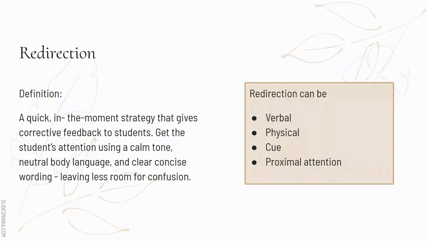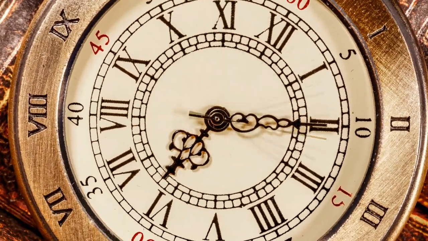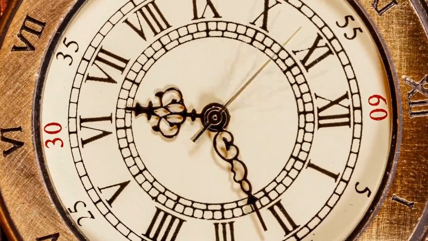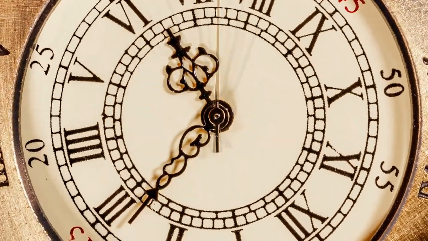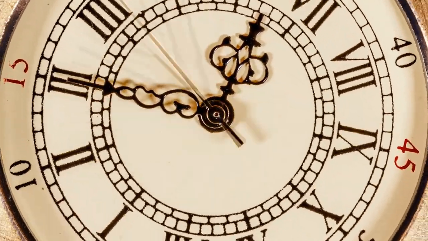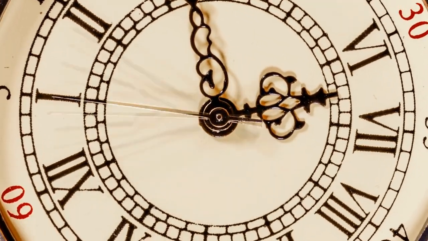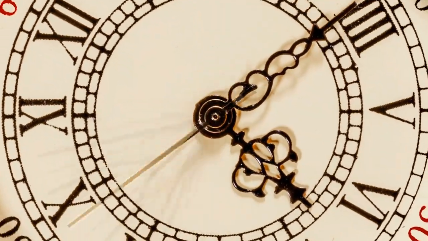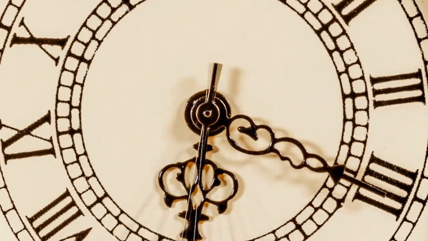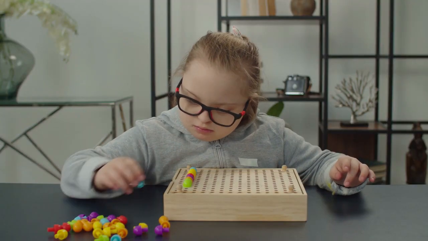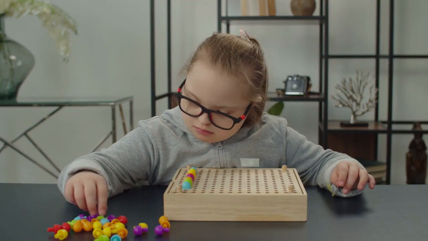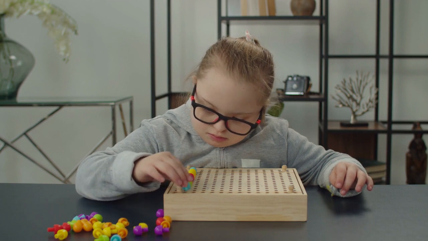Redirection can be verbal, physical, a cue, or proximal attention. Redirection can be as simple as asking the student to tell you what time it is because they have to stop the behavior they are exhibiting and look at the clock to tell you the time. Another idea is to have the student sort something for you because sorting requires a different way of thinking.